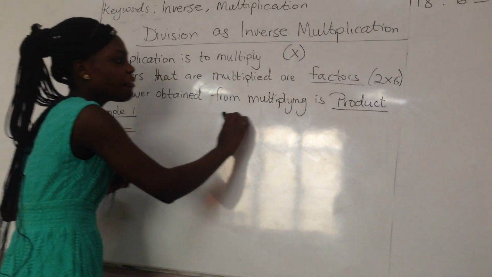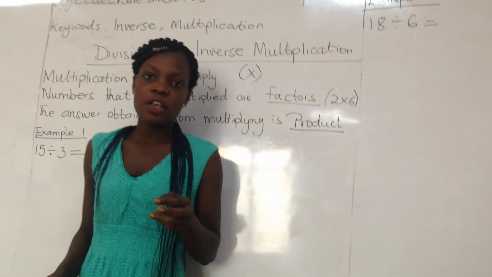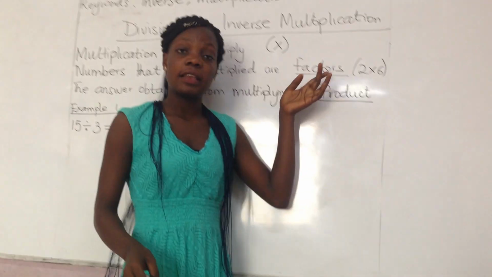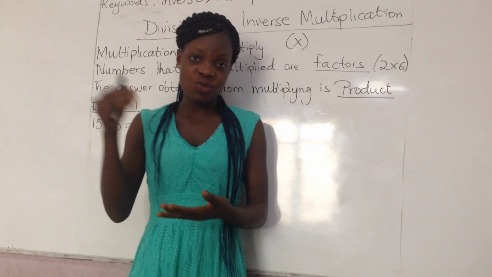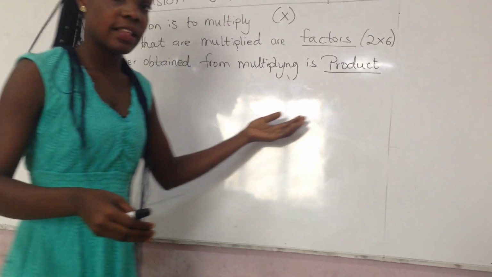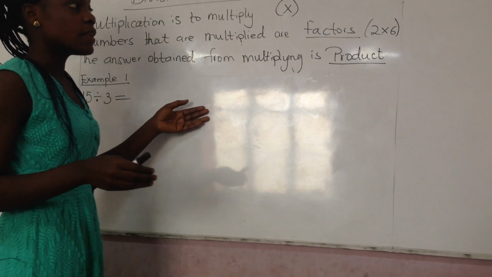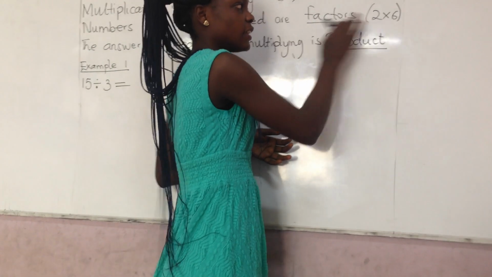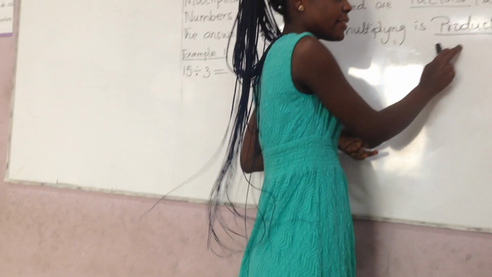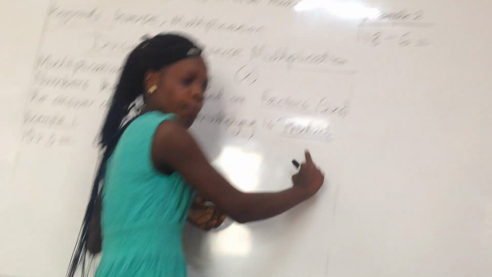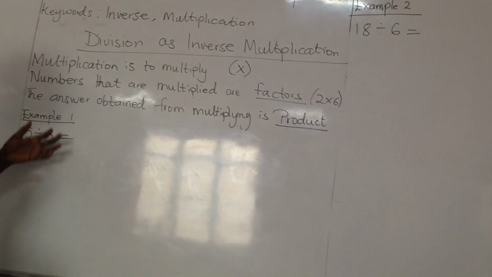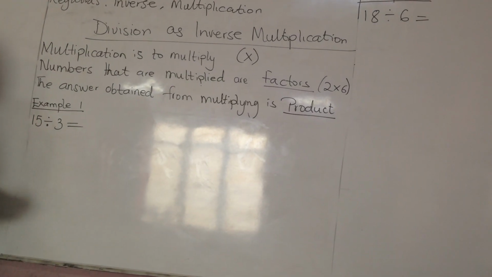The answer obtained from multiplying the factors is the product. Whenever you see numbers for multiplication, they are called factors. The answer that you get is the what? Product.